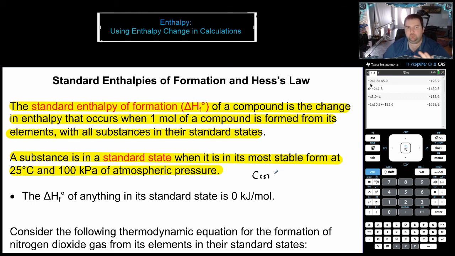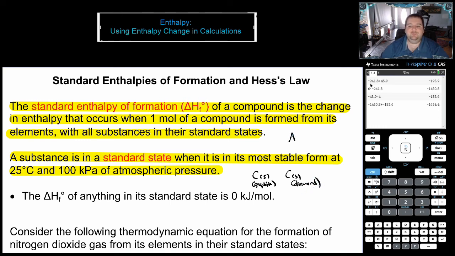Graphite is the most stable form of carbon. There's also this form of carbon which looks identical but has a different molar mass, and this is actually diamond. They have the same molecular formulas though, so it's a bit confusing. But carbon as graphite is going to be the most stable form as opposed to diamond.